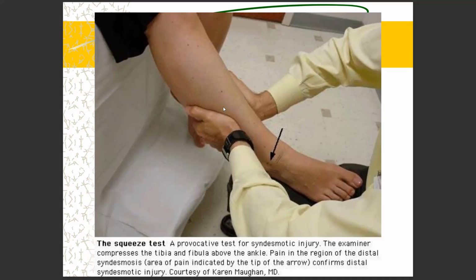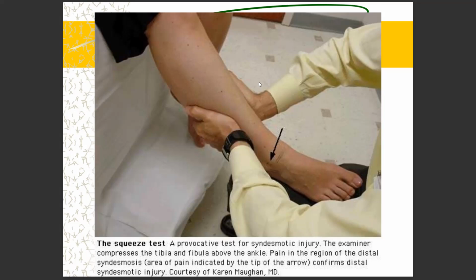So these compressions will be against each other, and if during this compression of the medial and lateral surfaces against each other the patient feels some pain at this area, then it is a positive test for the syndesmosis injury or the high ankle sprain.